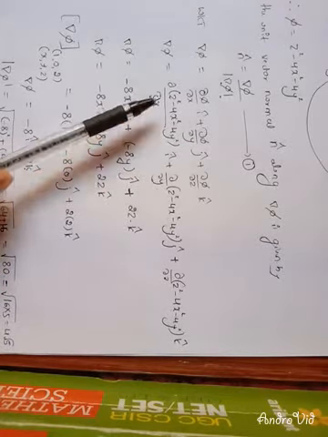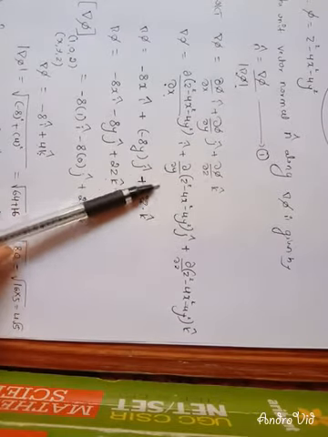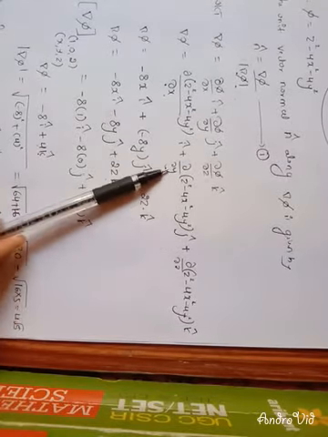Here z square is constant, and 4y square is constant. Differentiation of these two terms is 0. Minus 4x square with respect to x becomes minus 8x, into i. Plus the partial differentiation of this whole term with respect to y, where we consider x and z as constants.